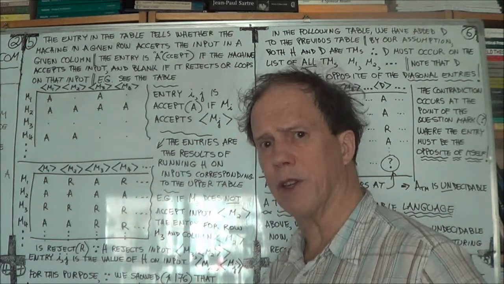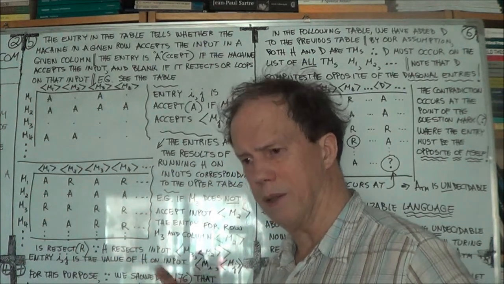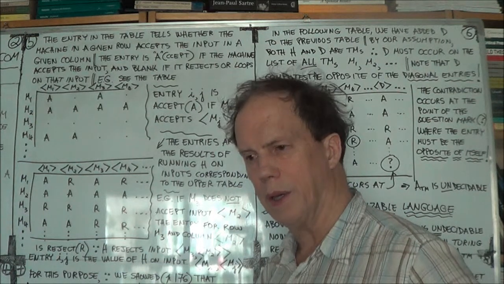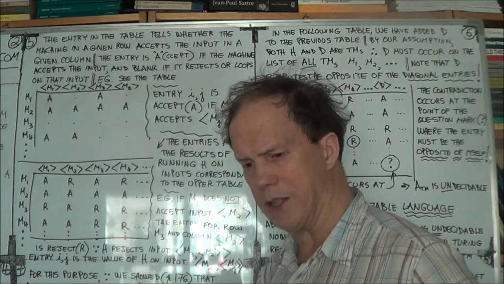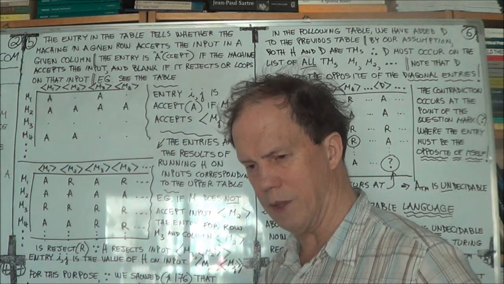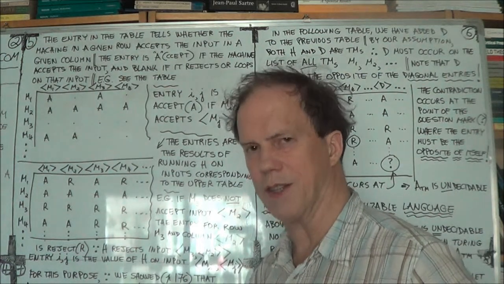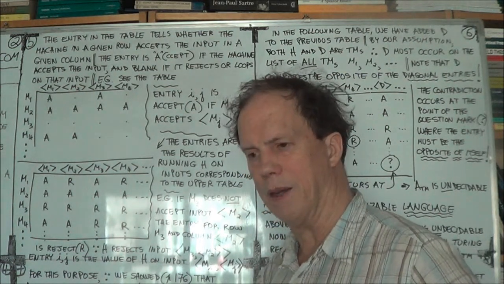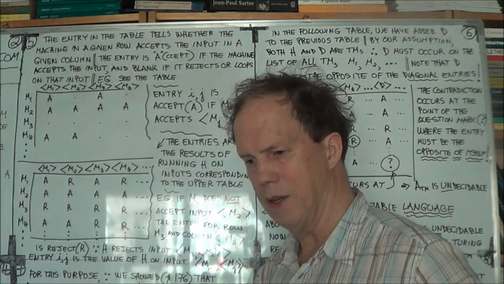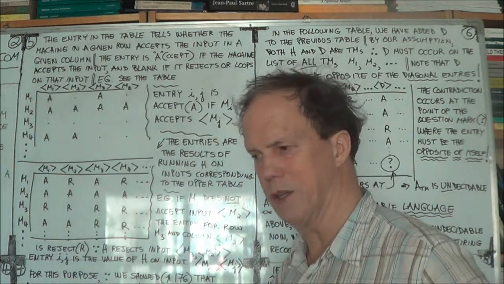Okay. Now get back to why are we doing this? Because it's a nice graphical way to show the contradiction. We had a kind of logical contradiction before. When D operates on the angular bracket D, D will accept angular bracket D if D does not accept angular bracket D, and D will reject angular bracket D if D accepts angular bracket D. Now that's a logical contradiction.